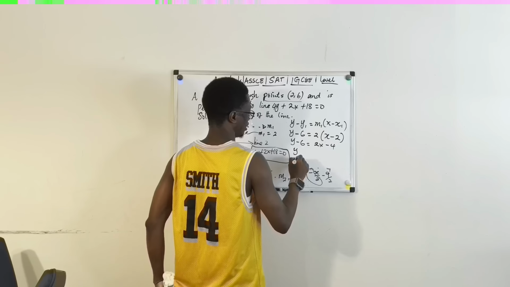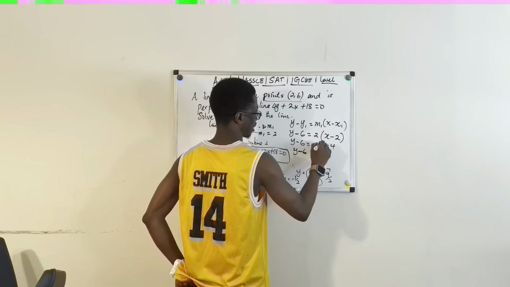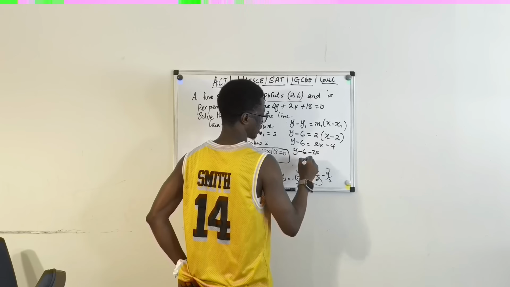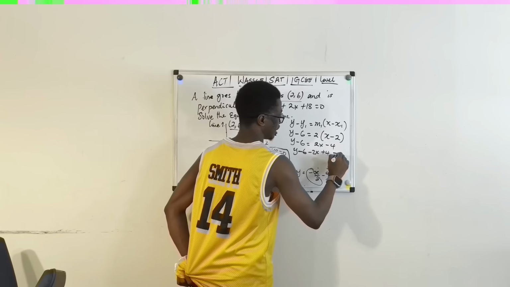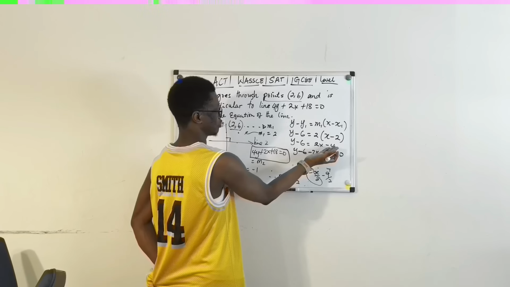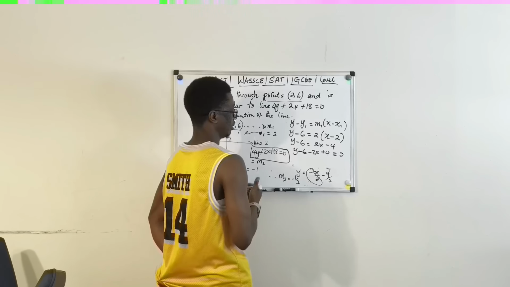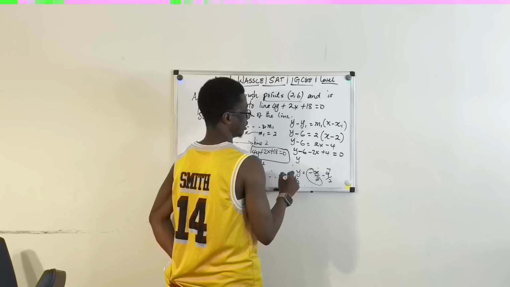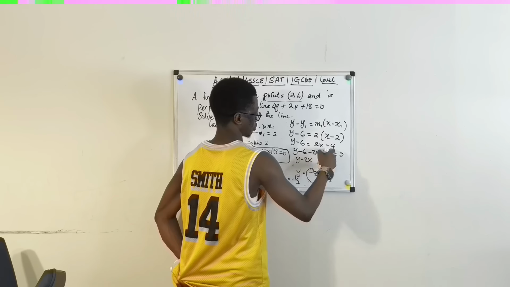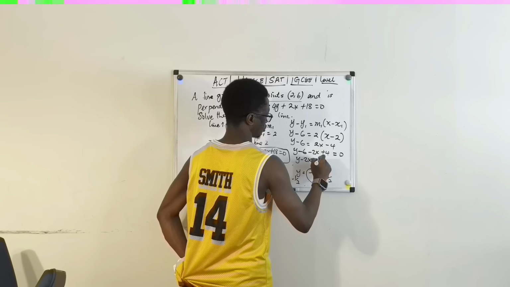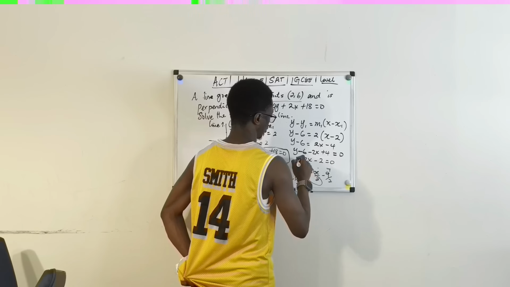So this becomes y minus 6, minus 2x, plus 4. Everything here now equals 0 because you've transposed everything here. So this becomes y minus 2x, minus 6 plus 4 becomes minus 2 equals 0.